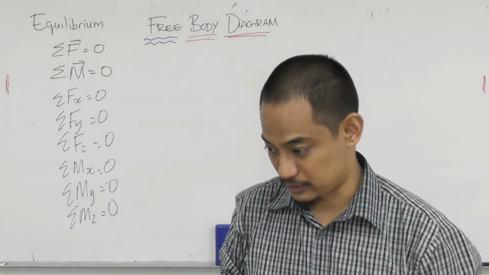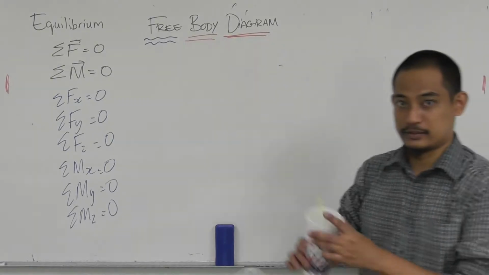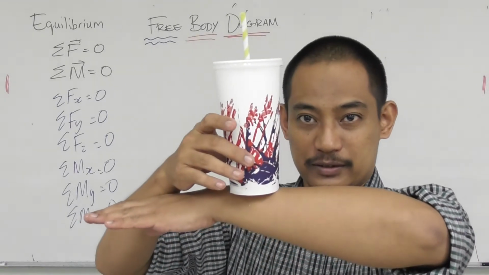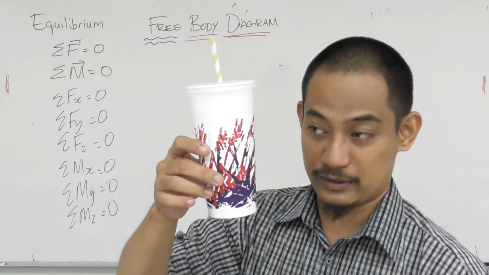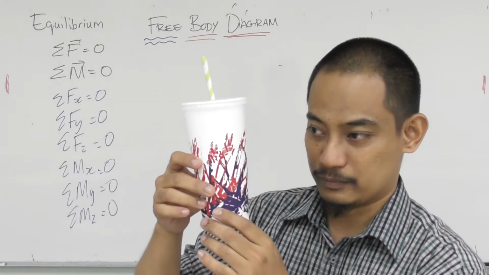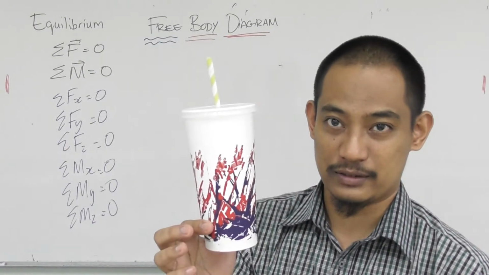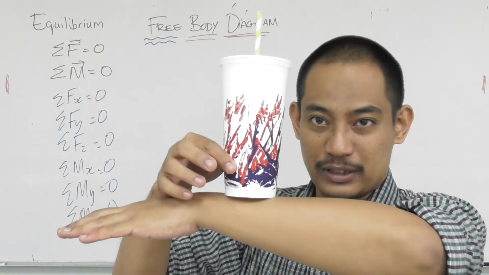So I don't know what to say. Now, if we have, let's say this thing here, right, sitting on something like this, right? So if I say this is my body, the body that we consider, the drawing should have only this, without whatever support, table or floor or ground or whatever, right?